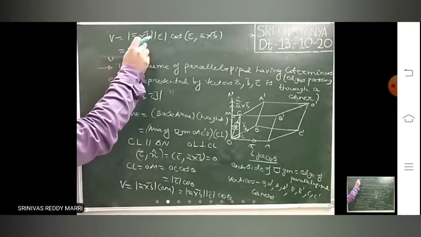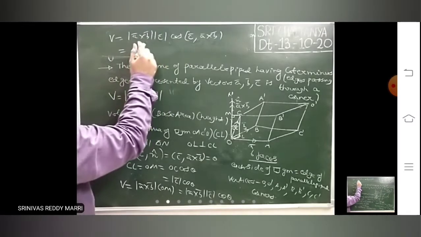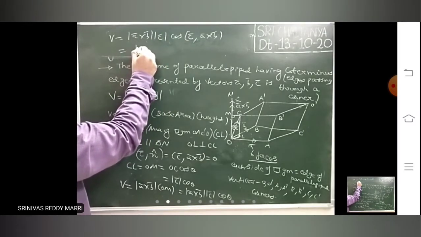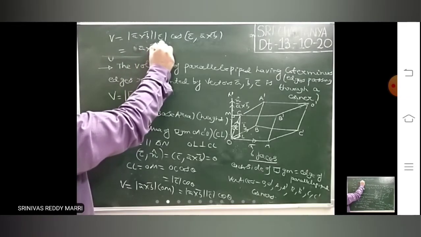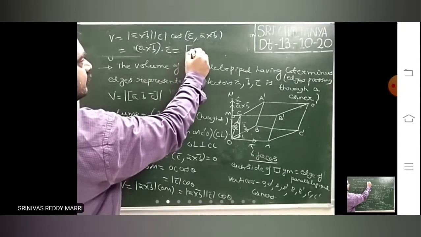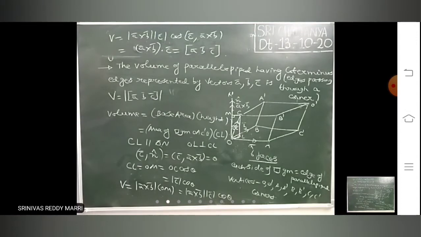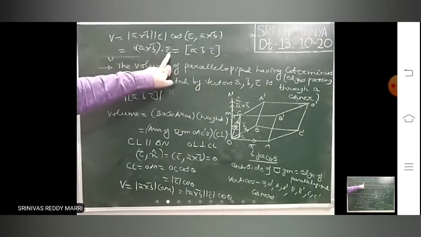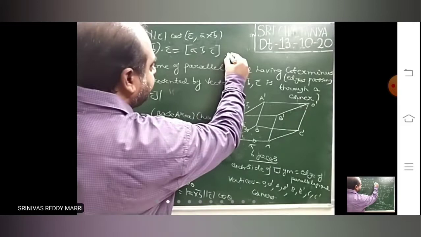That means this is nothing but A bar cross B bar dot C bar, which is the box of A bar, B bar, C bar. Volume is nothing but A bar cross B bar dot C bar. So this is the box of ABC.